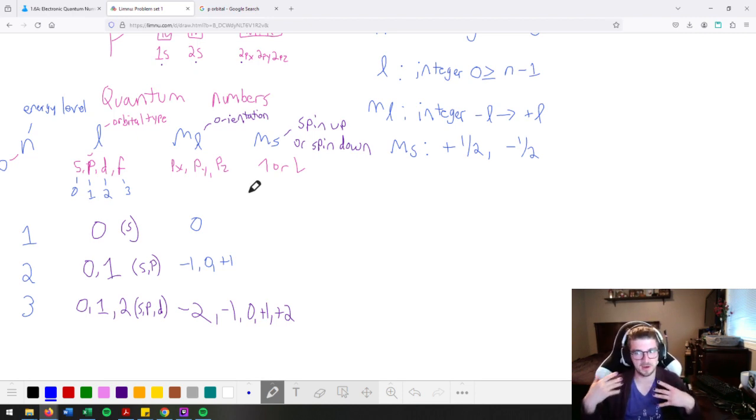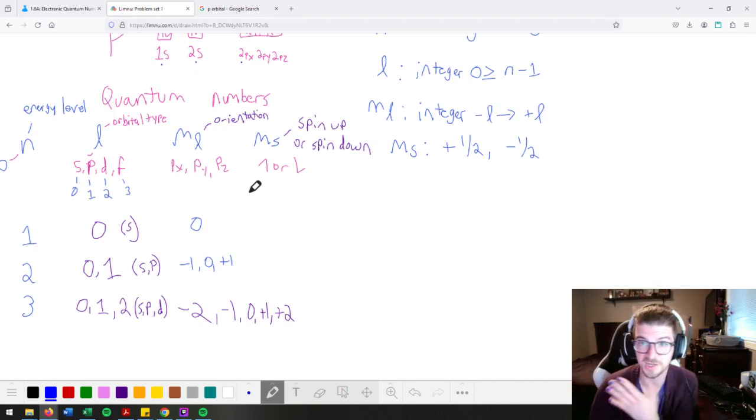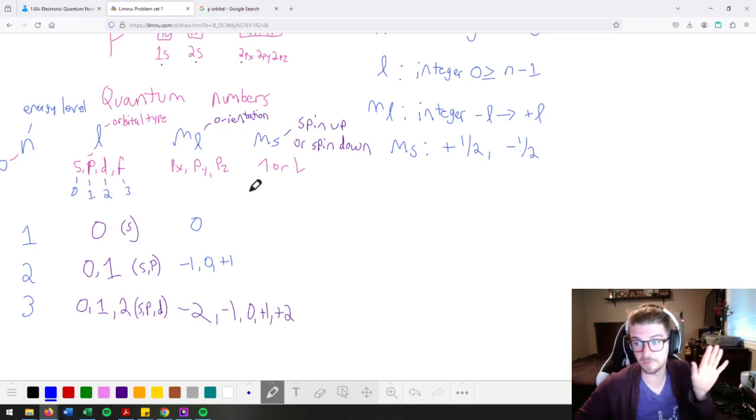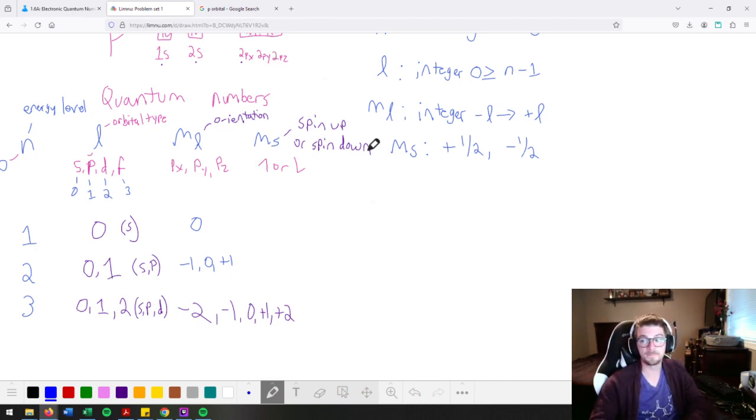This is not a physical rotation. It is a quantum physical property of these particles, because there's things with different spins, with spins equal to 1 or 3 halves or 5 halves. Don't worry about what any of it means. It doesn't matter right now. For our purposes, it just means that one of them points this way, one of them points that way, and that's all that we worry about.